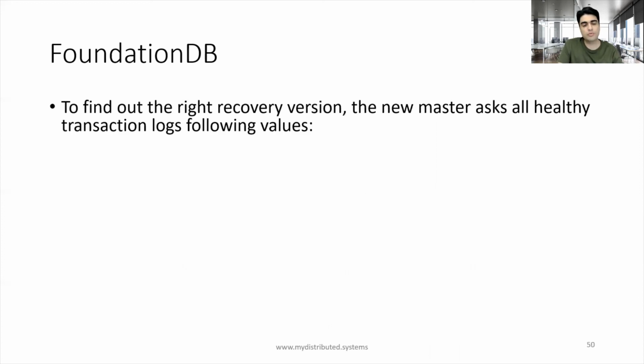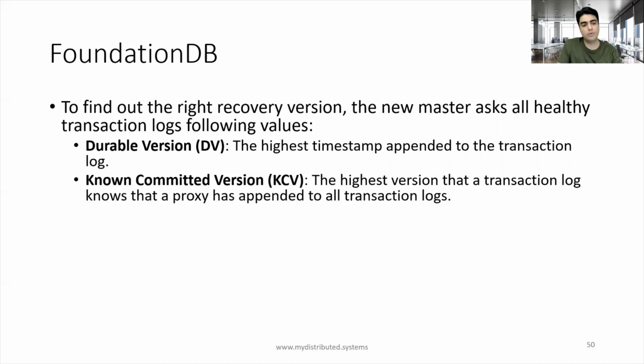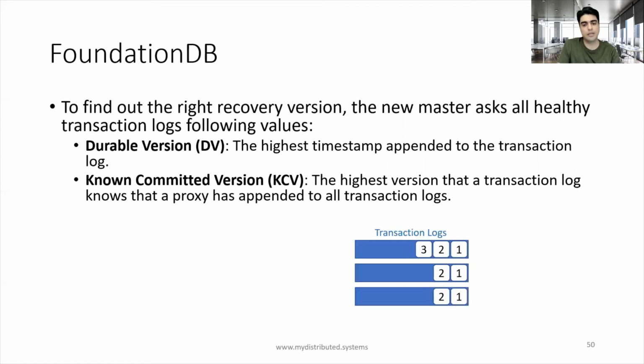To find out the right recovery version, the new master asks all healthy transaction logs for the following values. The first value is the durable version, or DV, which is the highest timestamp appended to the transaction log. The other is the known committed version, or KCV, which is the highest version that a transaction log knows that a proxy has appended to all transaction logs. Let's see an example. Here we have 3 transaction logs.